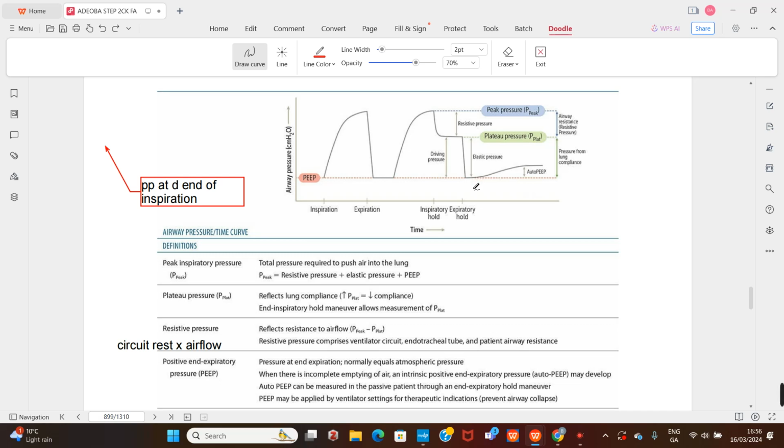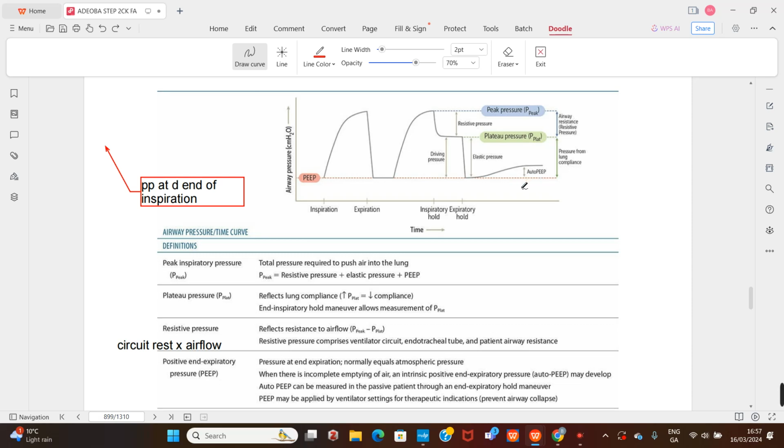So in someone that has a normal healthy lung, after your expiration and you hold it, if you try to check for the auto PEEP, it will be the normal PEEP, which is this baseline. So this curve is not going to rise. It will fall on this line, because what you have is the normal intrinsic PEEP.